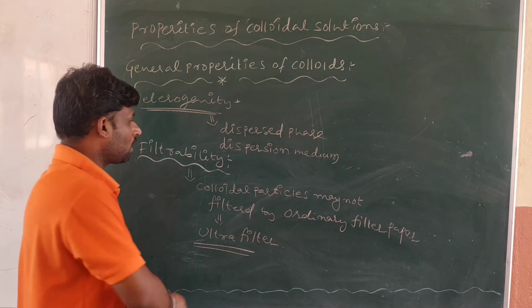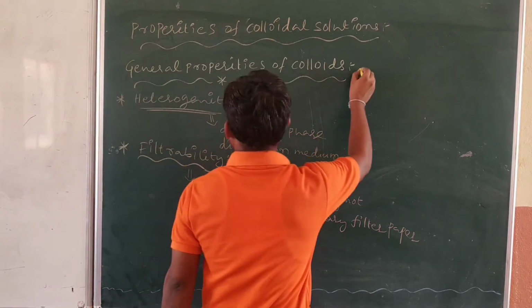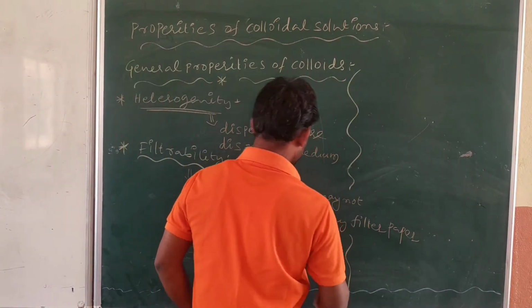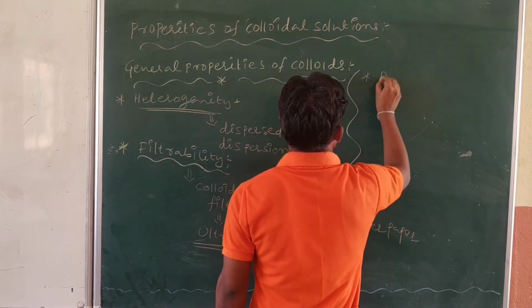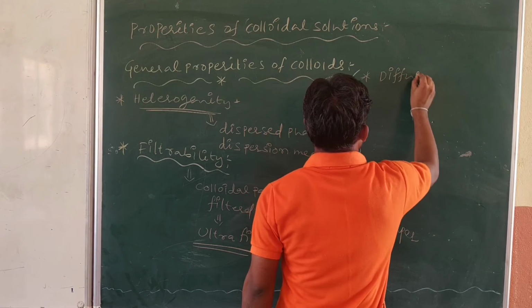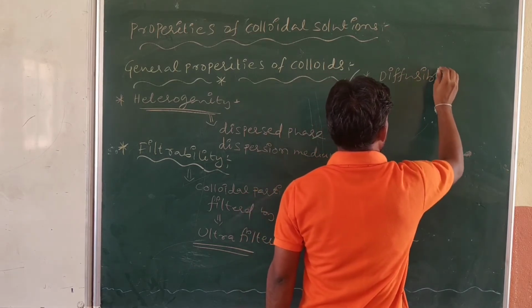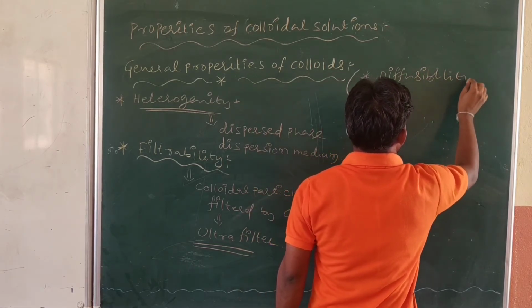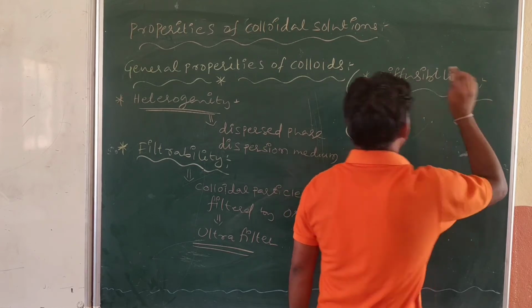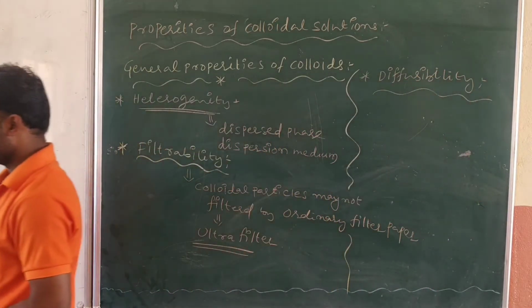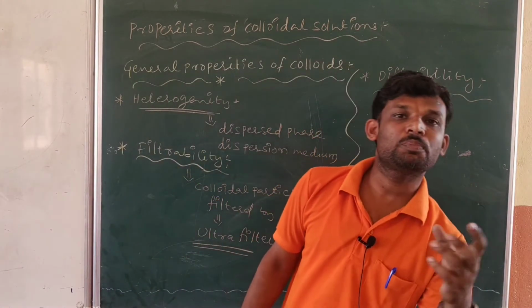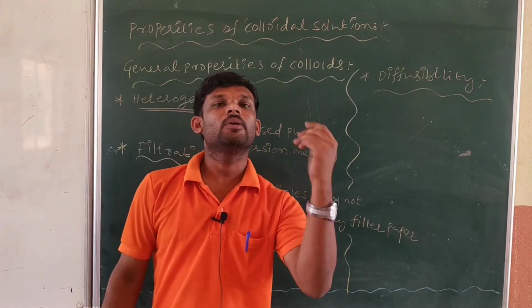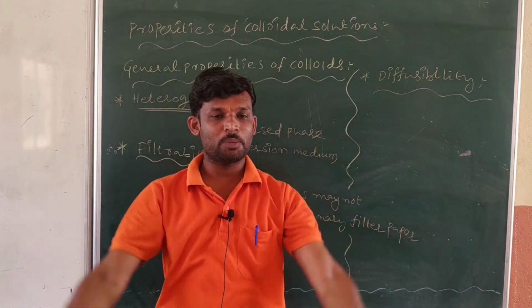Next, the third one, where I am going to talk about the next property. That is diffusibility, diffusion. We know that one. What is diffusibility, sir? Generally, they can diffuse simply in a particular solution.